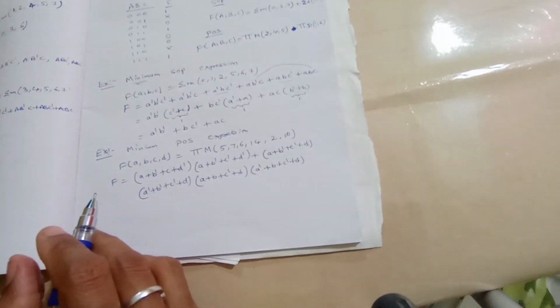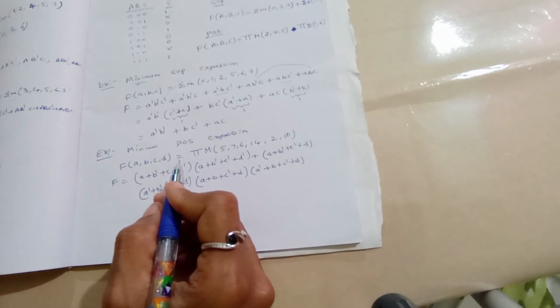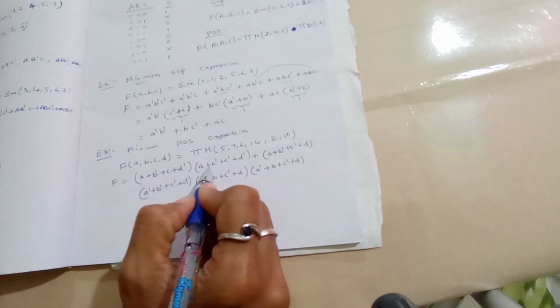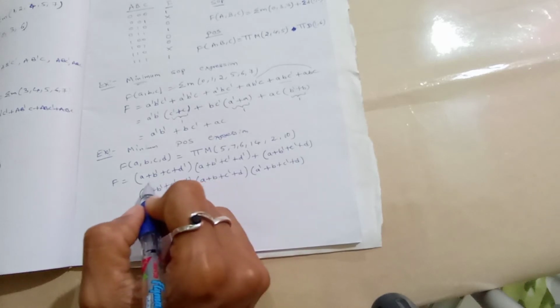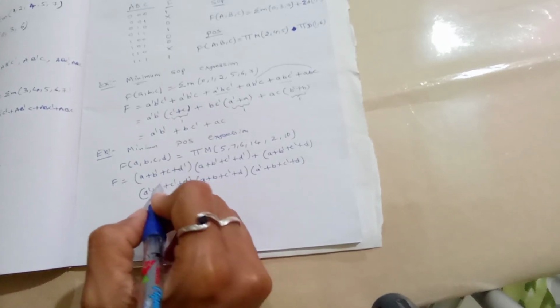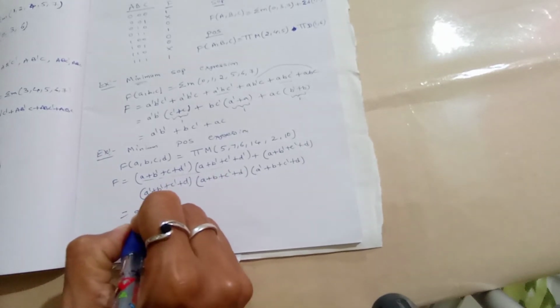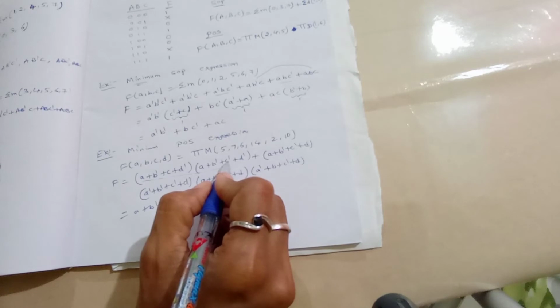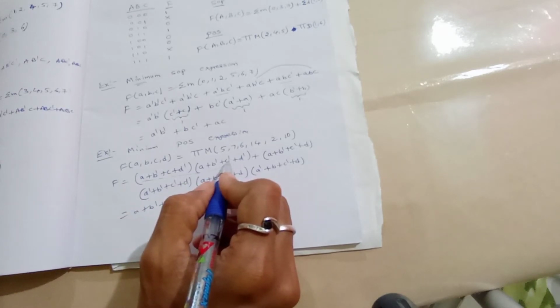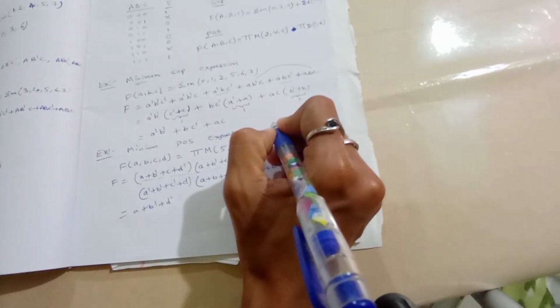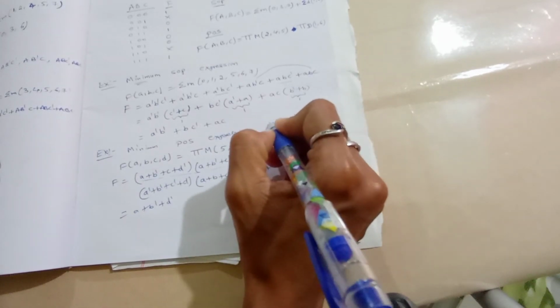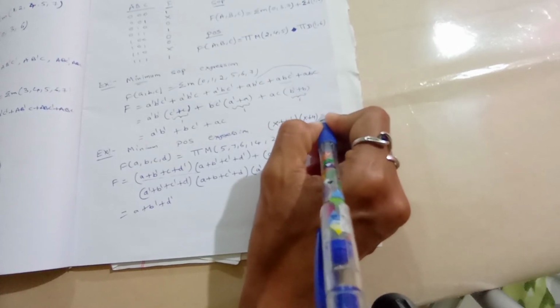Now from this, again we can take the common. From these 2, we can take A plus B bar plus D bar common, so C into C bar becomes eliminated, using the theorem x plus y bar into x plus y becomes x.